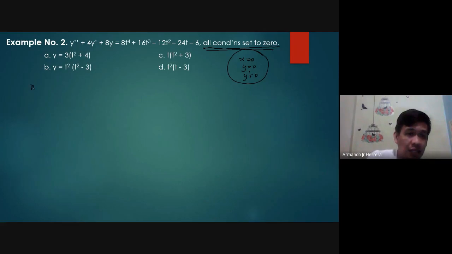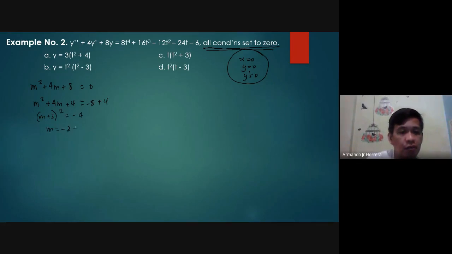So again, this is m squared plus 4m plus 8 equals 0. So you have m squared plus 4m is equal to negative 8. You need to add 4. M plus 2 raised to the second power is negative 4. So m is equal to negative 2 plus minus 2i.